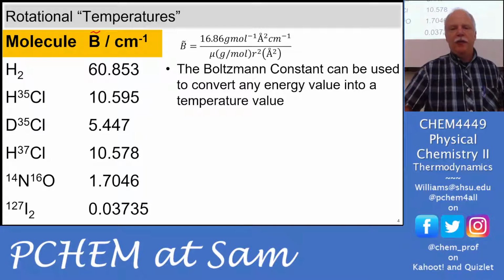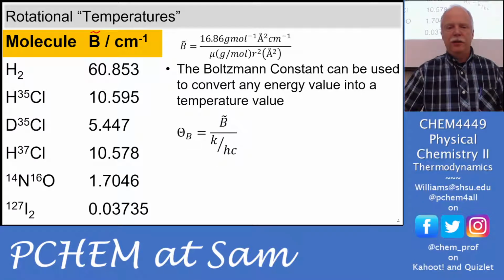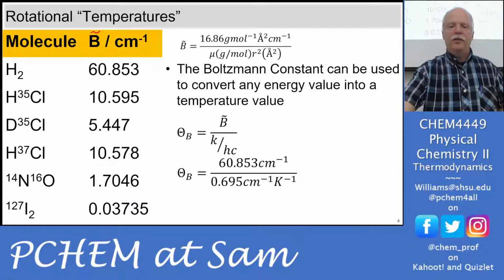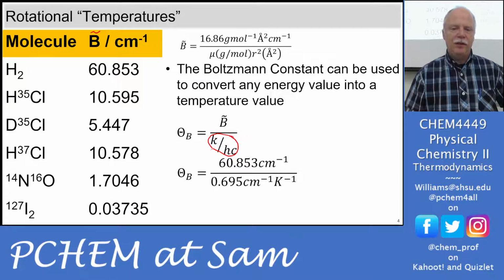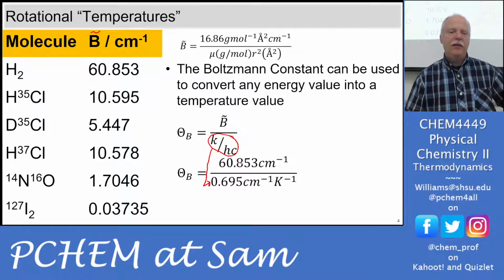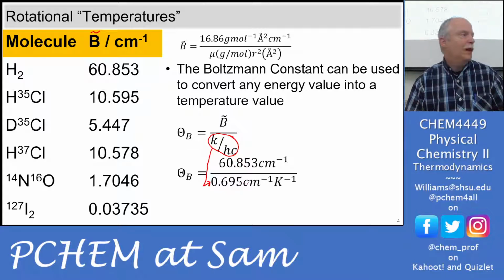So we could use that Boltzmann constant to convert these to temperature. And this piece right here is one that you may not have memorized yet, but it's a good thing to memorize. That Boltzmann constant in terms of wave numbers is this 0.695 value. So you can take any rotational constant and divide by that Boltzmann constant in wave numbers per Kelvin, and you end up with the rotational temperature.